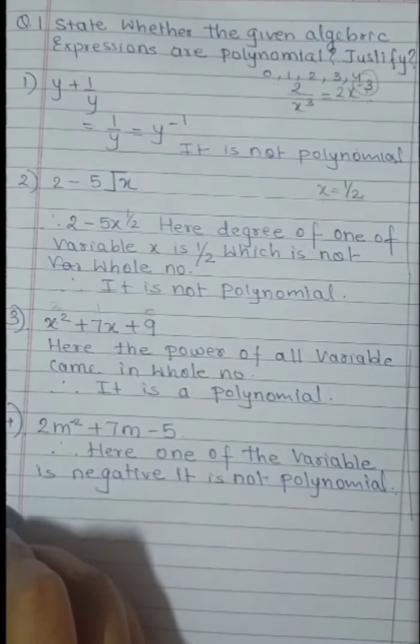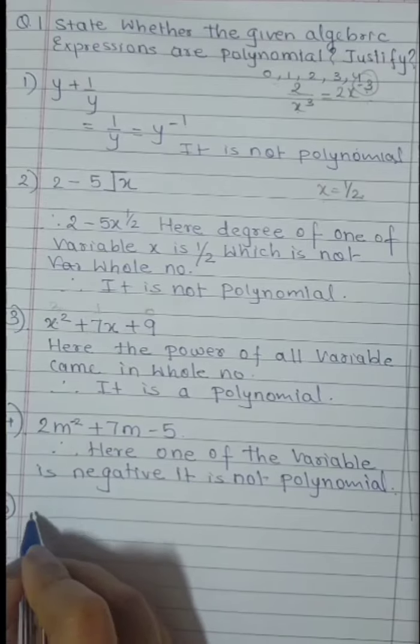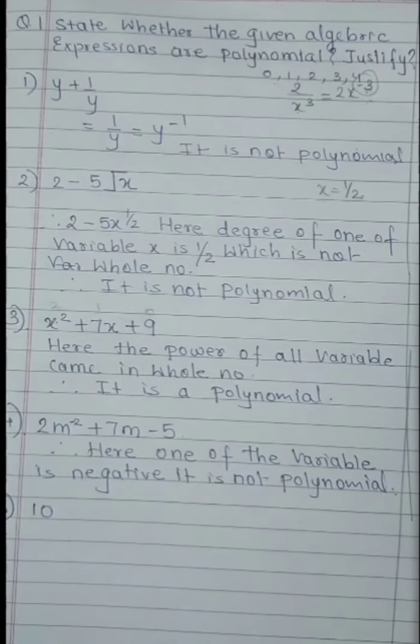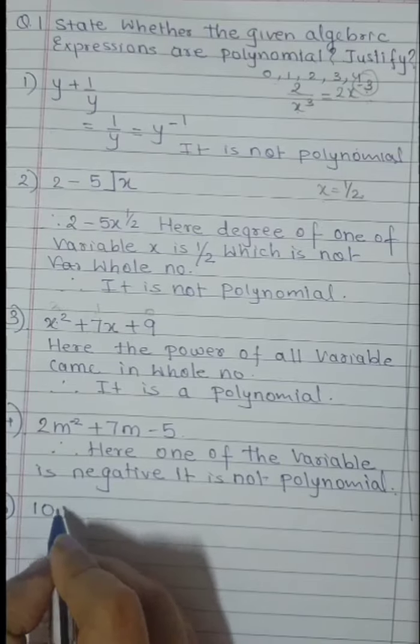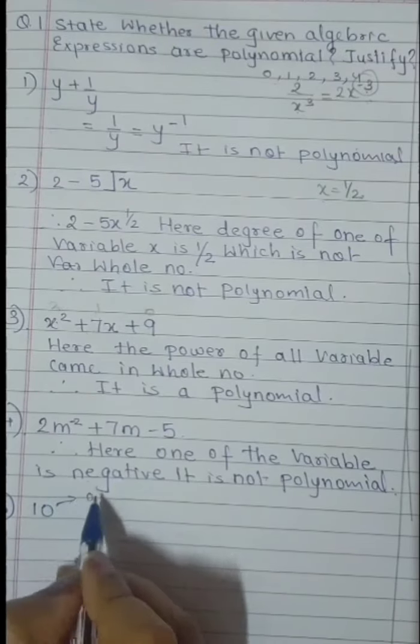Now the next question, the fifth one, is 10. Okay, 10 is a coefficient number, so the power will be 0. The power of 10 is 0.